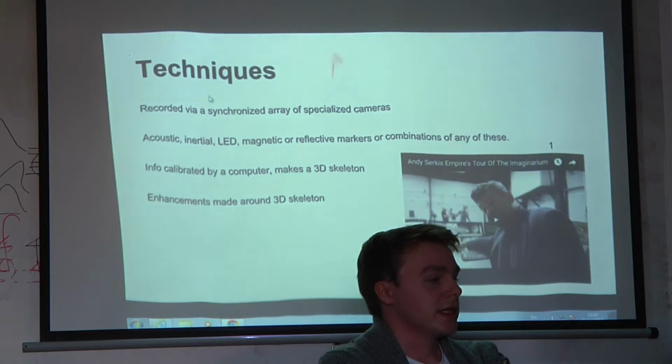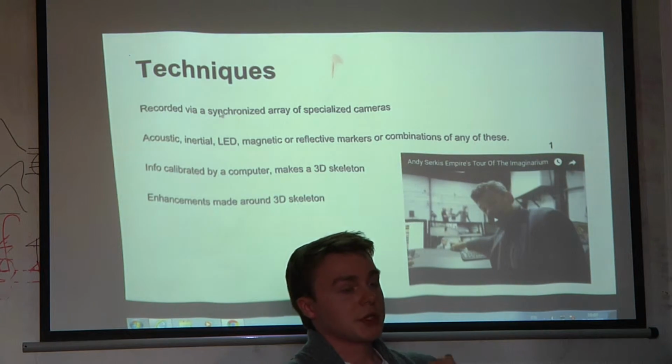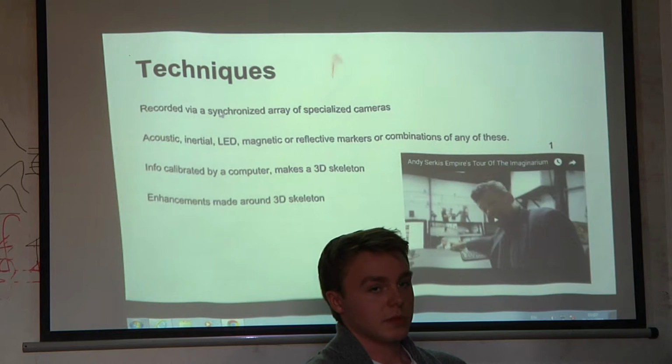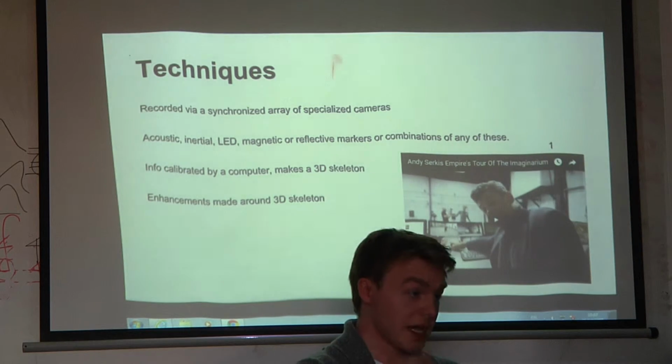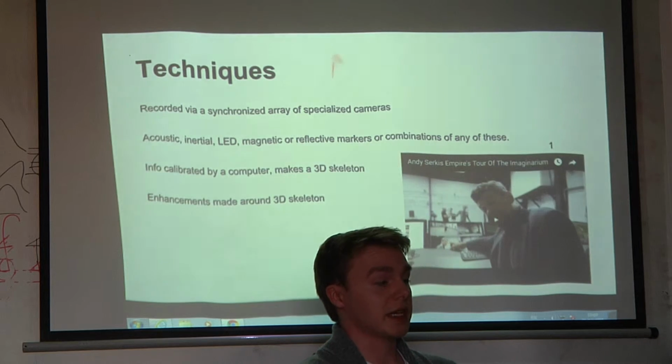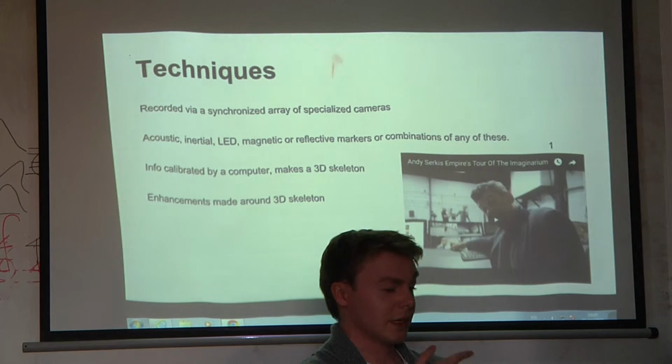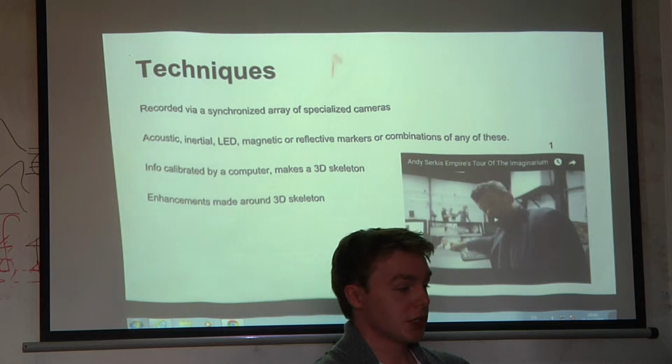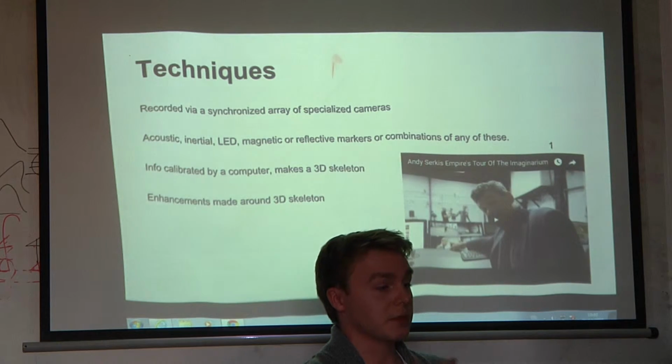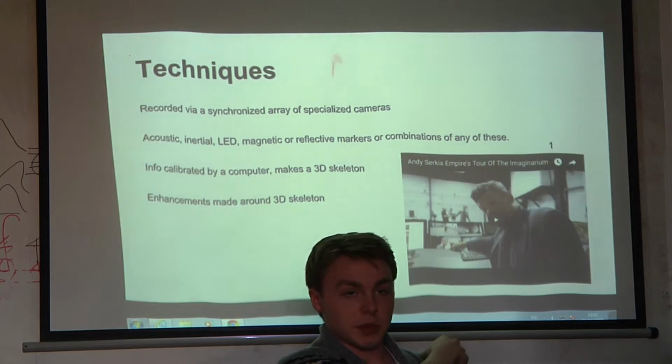So techniques. The way that motion capture is done is basically it's recorded via a synchronized array of specialized cameras, and what these cameras look out for are either acoustic, inertial, LED, magnetic, or reflective markers, and those are those ping-pong looking things that you see in the mocap suits.